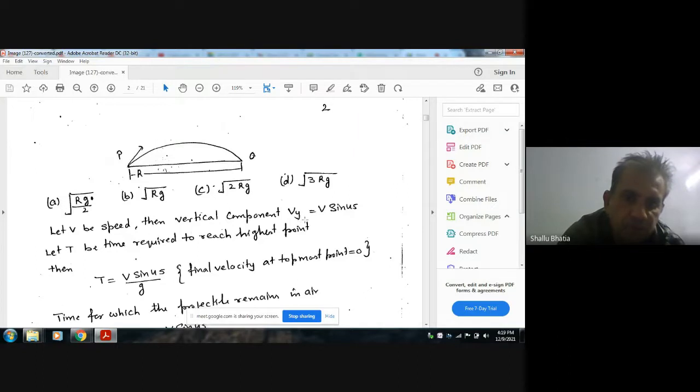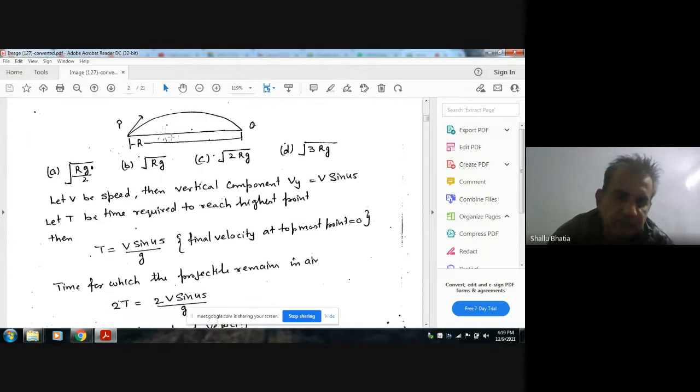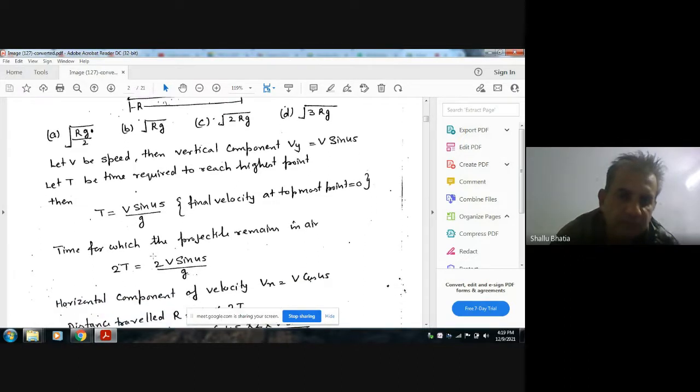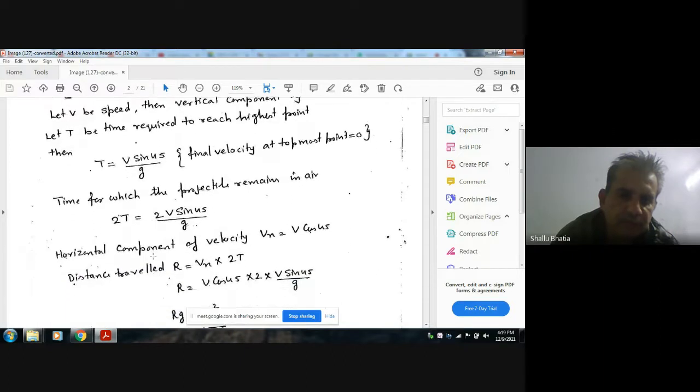The vertical component is V sin 45, acceleration due to gravity is g, and final velocity at the topmost point is 0. Using v = u + at, we find T = V sin 45 by g. Now the total time is 2T, so it is 2V sin 45 by g.